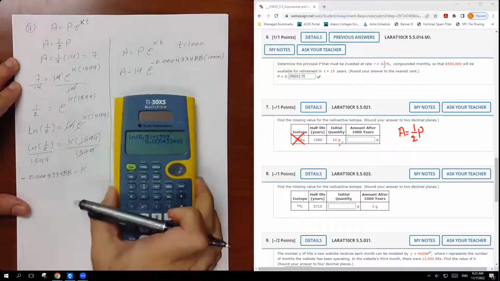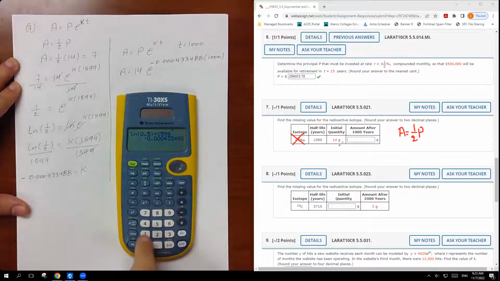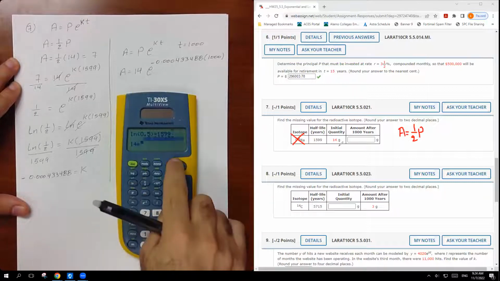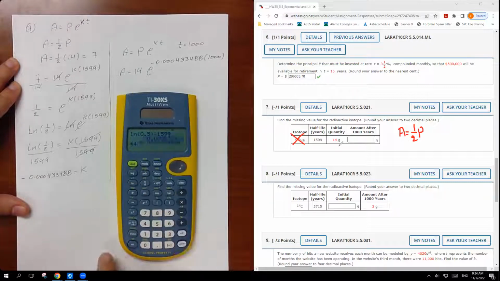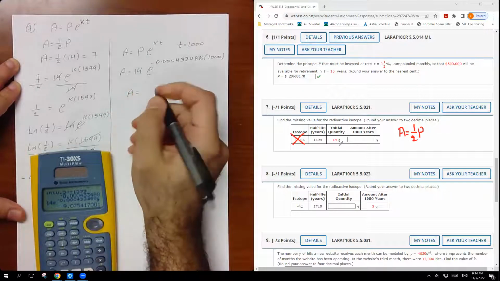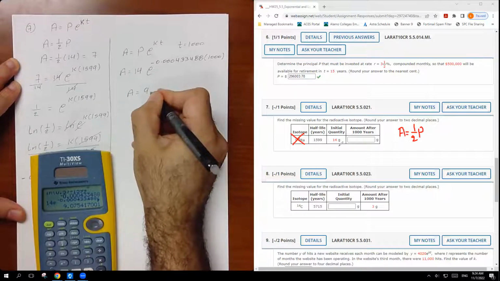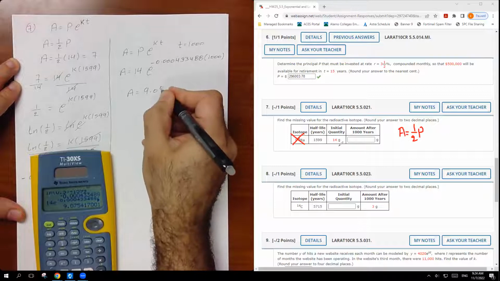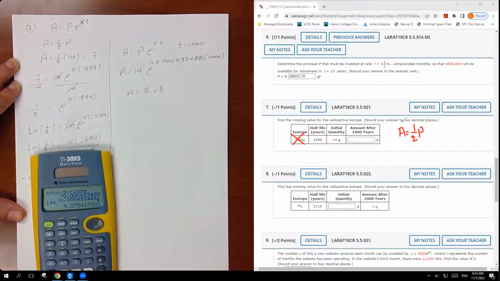So we're going to plug in everything in the calculator. So A is going to be 14 E to the K, which is this number, times 1,000, close the parentheses. The result is going to be A equal 9.08 because we need to round to the last 2 decimal places.